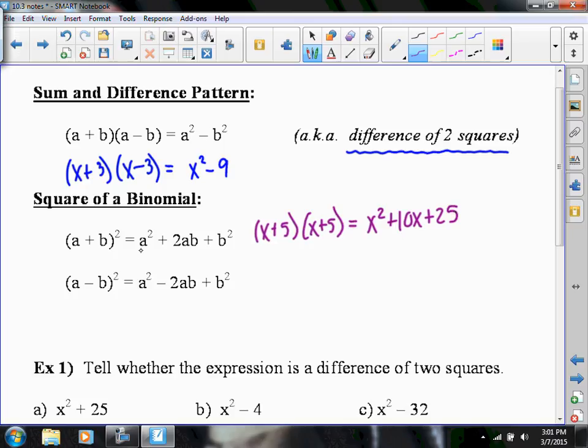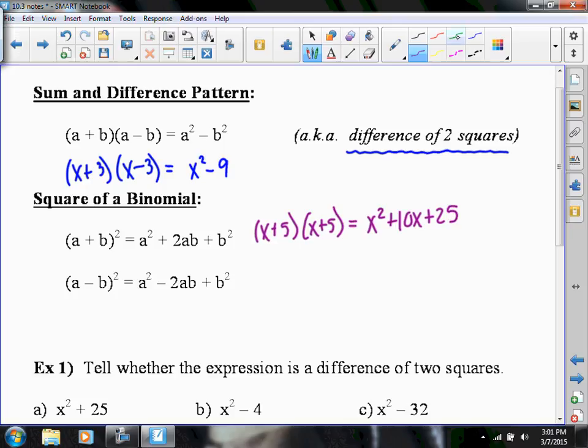They write it as a squared instead of x squared, and then we have 2 times a times b, and then we have b squared. So we have 2 times x times 5. X and 5 would be our a and b. So 2 times x is 2x, times 5 is 10x. And then we have the b squared. That's the 5, so that would be the 25.